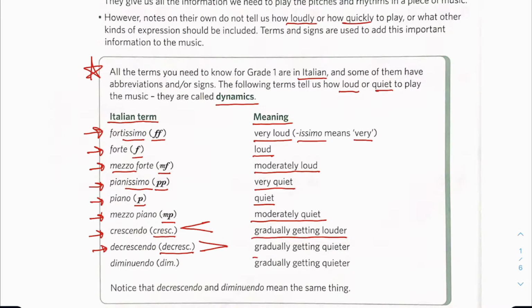It means gradually getting quieter. Diminuendo, with abbreviation DIM dot, or this sign, which is the same as decrescendo, means gradually getting quieter. Notice that decrescendo and diminuendo mean the same thing.